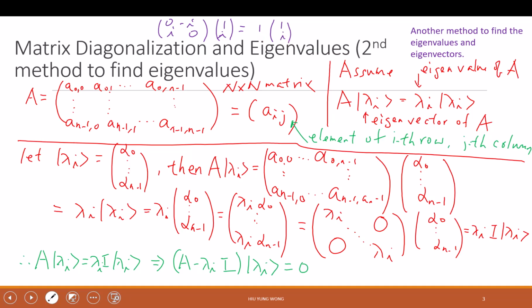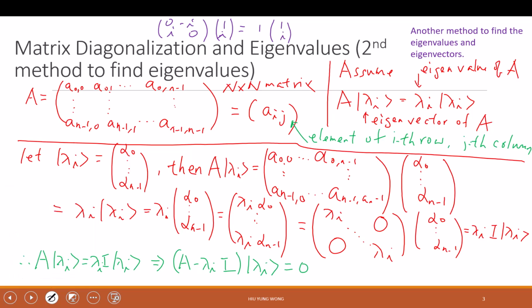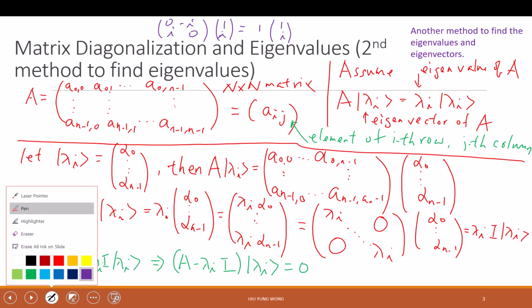Now, this involves a system of linear equations, because the trivial solution for this one is that lambda I equals 0. The 0 vector, everything is 0. Remember, I talked about this 0 vector, everything is 0. Then it's a solution. But that is a boring, trivial solution, right? And the theory tells us that if you want a non-trivial solution, here you just take it for granted if you forgot what you have learned before or in other places.